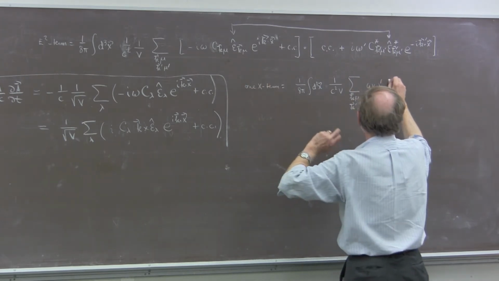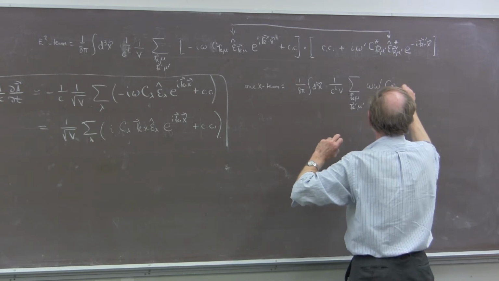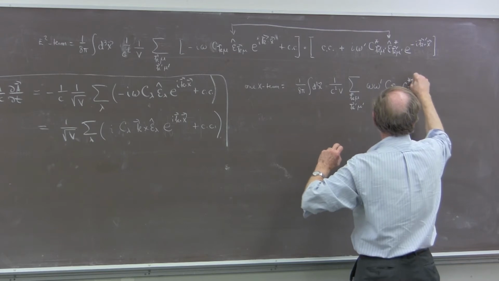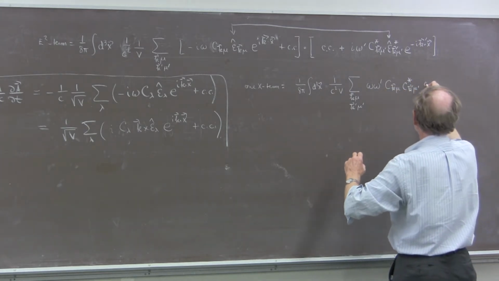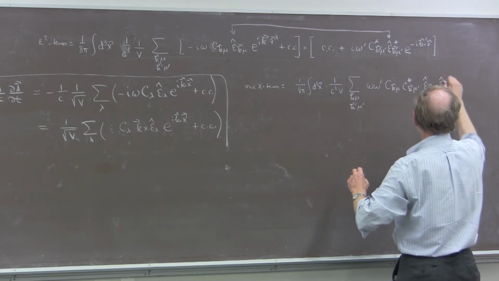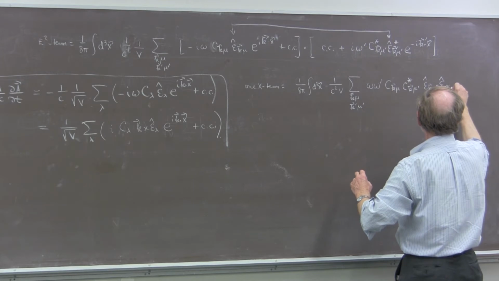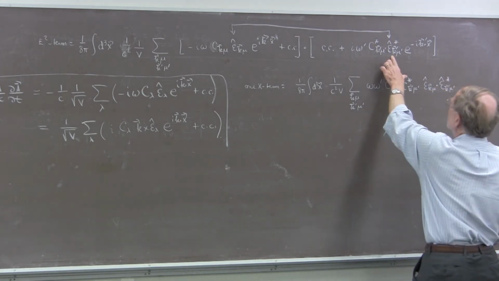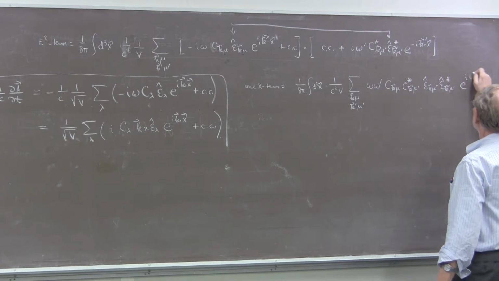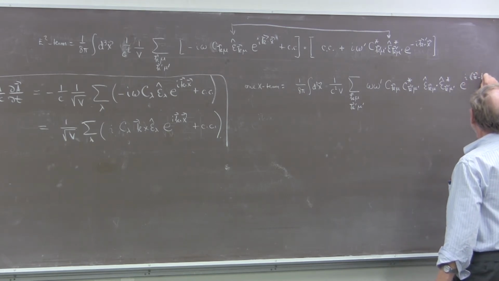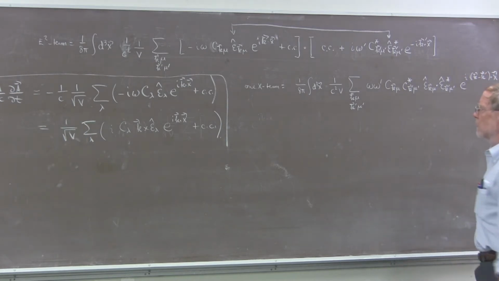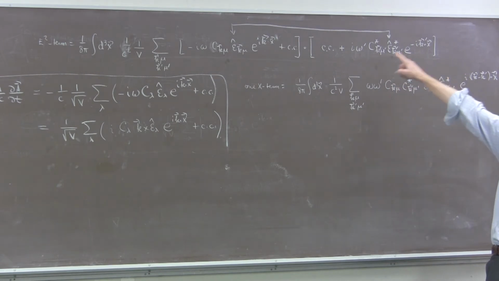We have c sub k mu times c sub k prime mu prime complex conjugate. We have the polarization vectors epsilon hat k mu dotted into epsilon hat k prime mu prime complex conjugate. And then we have the phase factors, e to the i (k minus k prime) dotted into x. So that's one cross term.